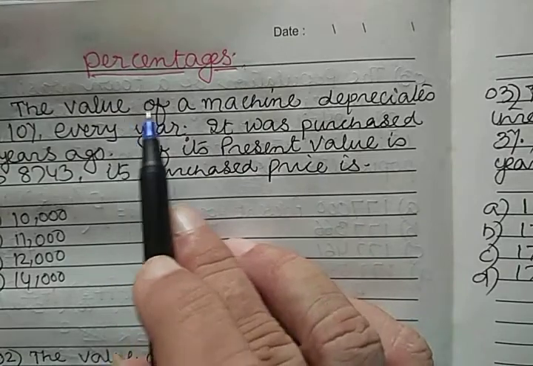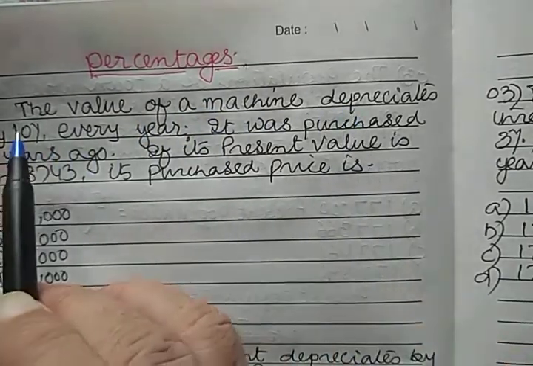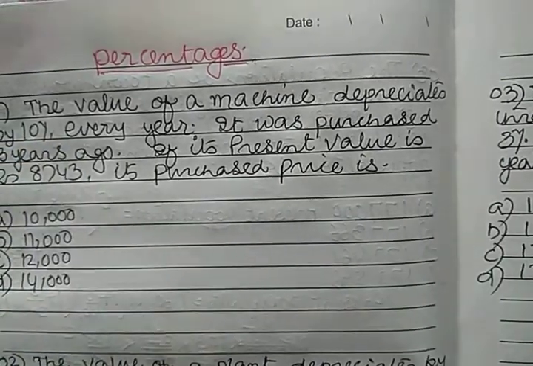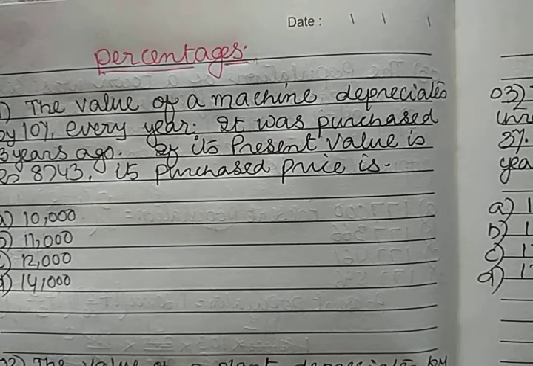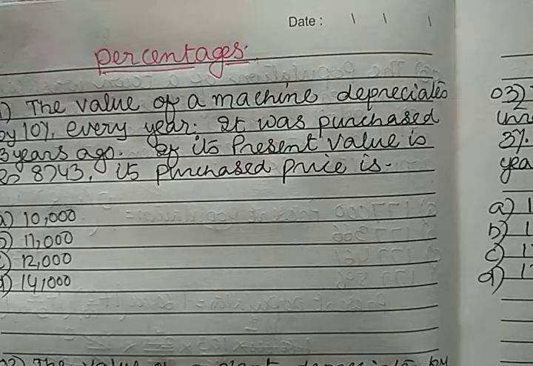Today I have come up with a new lesson on percentages. Your first sum reads like this. The value of a machine depreciates by 10% every year.